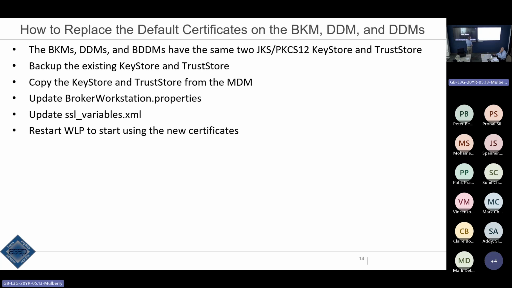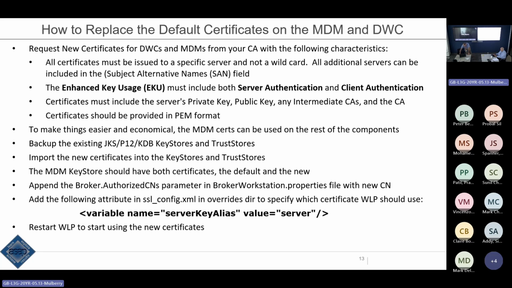Like I said, there are multiple places where your certificates are stored, and I have that at the end of this. Always back them up and copy them. Update the broker's workstation properties, and there's an update to the SSL variables XML that you may have to do, and you have to restart again if you're using new certs.